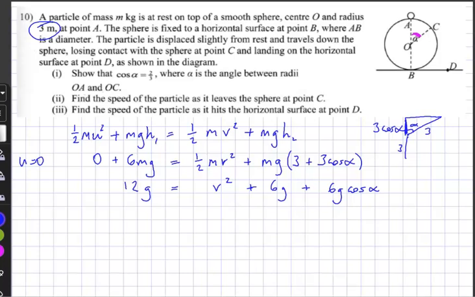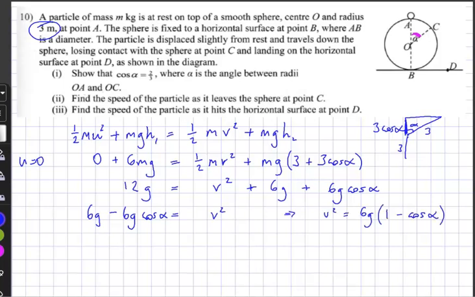So as a result, I don't really get everything I need, but what I do get is an expression for velocity, or velocity squared, should I say. Combining like values, I get 6g minus 6g cos alpha. So that's looking at energy.